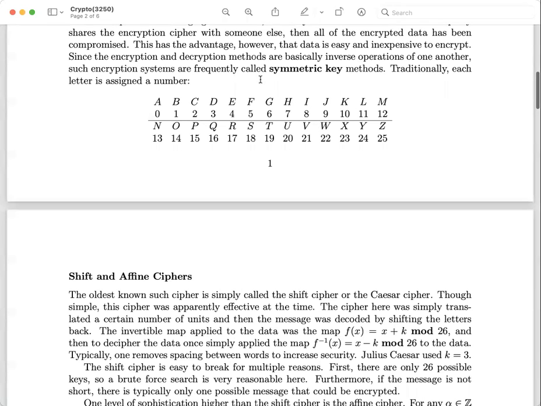If you add 5 to each of these, your C's would become H's. Your H's would become M's because we're adding 5 to each value. Your R's would be 1, 2, 3, 4 W's. Okay, so this is a substitution cipher. So all the C's get turned into H's, all the D's get turned into I's, and so on. So you'd just be adding 5 to each value.